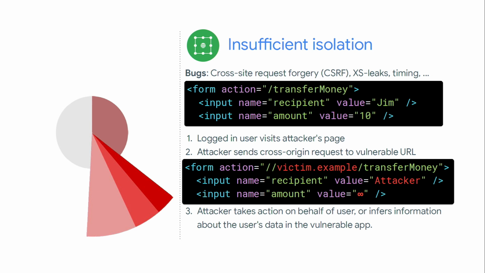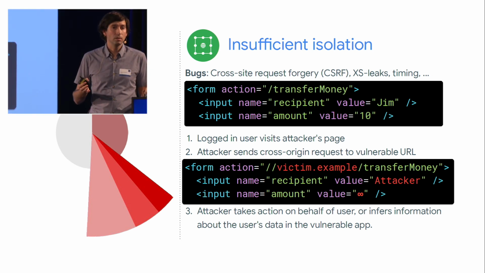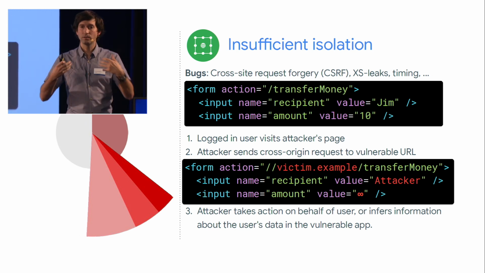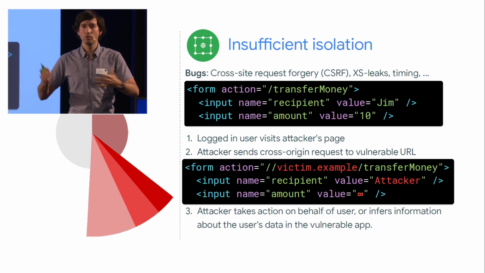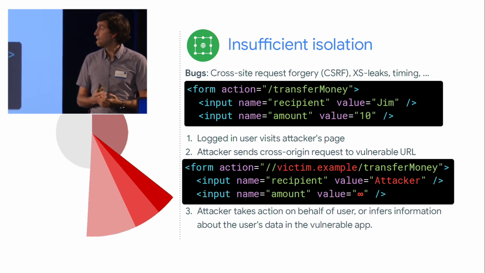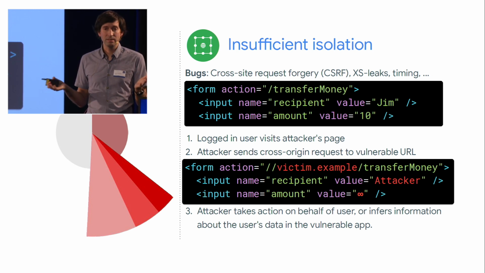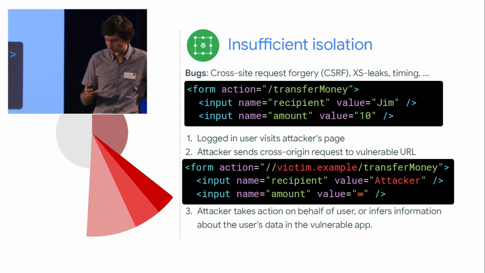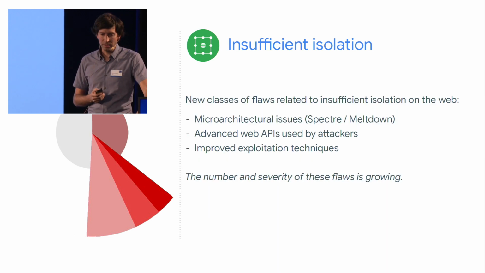The victim visits evil.com, there's a form pre-filled with a recipient and an amount, and on evil.com a piece of JavaScript submits this data to your bank. If the user is logged in, the browser attaches cookies to all these requests. The bank will get the request, see a valid transaction with a cookie, see that the user is logged in, and perform the action. That's pretty bad. And the bank on the server side has no way to tell apart whether this was initiated by the user or not. We'll come back to that in a bit.